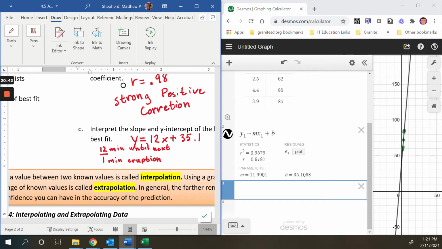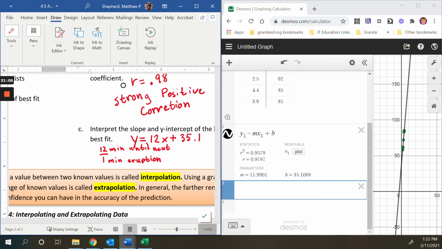So what this slope is telling me is that for every 1 minute Old Faithful is erupting, it'll be 12 more minutes until the next eruption. So if Old Faithful is erupting for 2 minutes, it'll be 24 minutes till the next eruption. If Old Faithful is erupting for 3 minutes, it'll be 36 minutes till the next eruption.